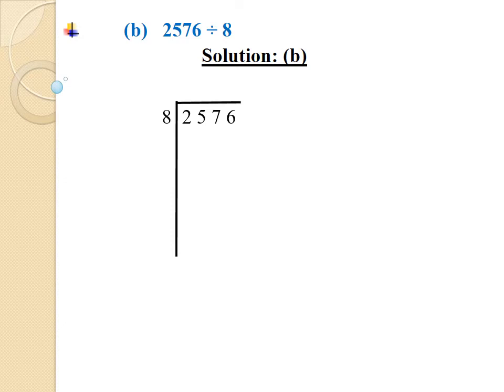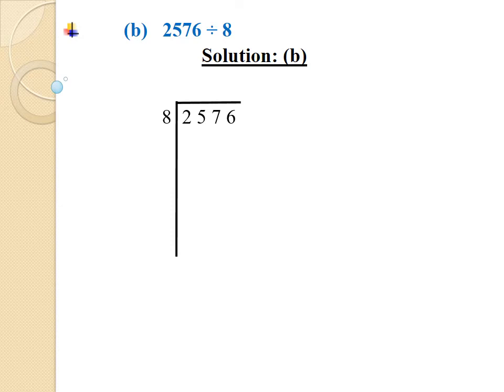So, we have to take the product less than 25 and the product closer to 25. So, now let us say table of 8 as divisor is 8 and stop when we get the product more than 25.